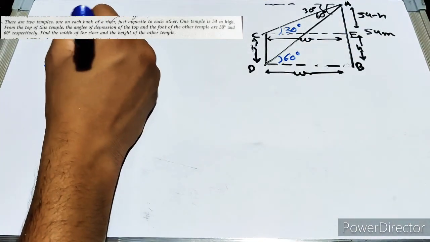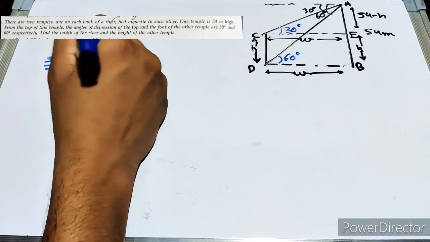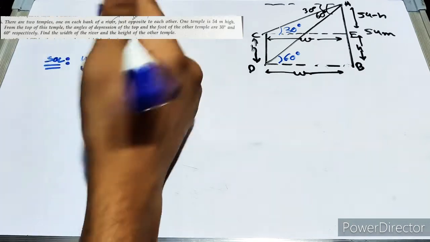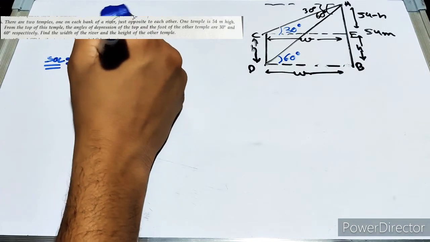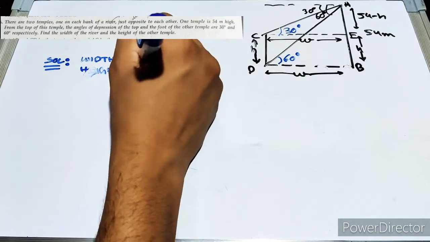We have assumed width of the river to be w, height of the smaller temple, assume it to be h.